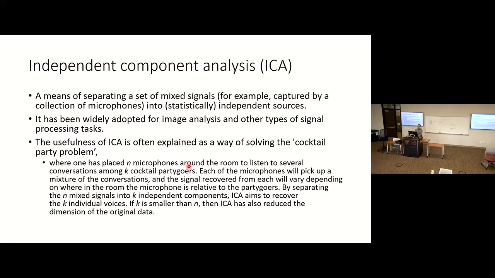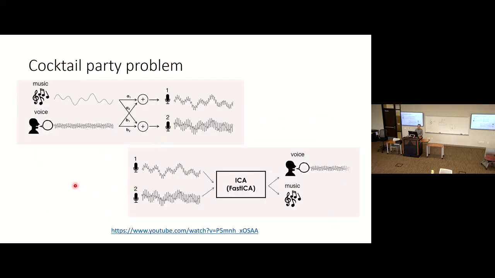Okay, the last 5 minutes will be introducing independent components analysis. So this is set up in slightly different ways. This is to solve a problem called the cocktail party problem. So you went to a cocktail party with many people and background music, and 2 microphones are put in different corners of the room.